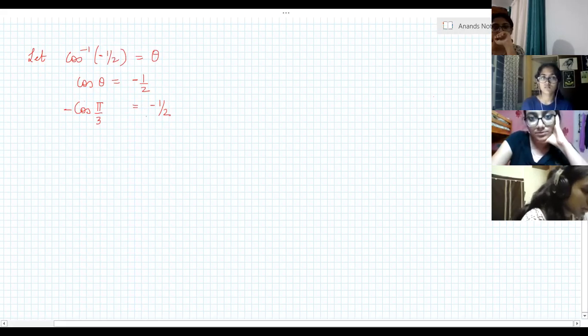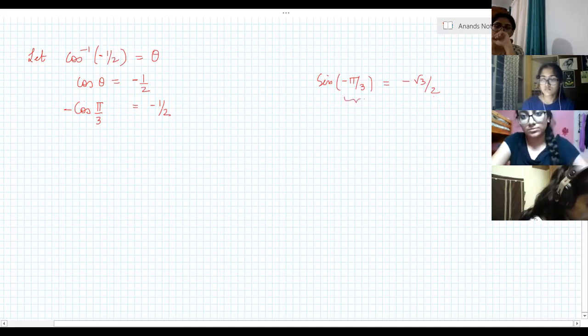But till now, what we have done, you are telling sine of minus pi by 3 is equal to minus root 3 by 2, and you are declaring whatever is in the angle to be the principal value. We don't want a sign in front, minus. We have to convert that minus into the angle. So how can we convert the minus into an angle here?